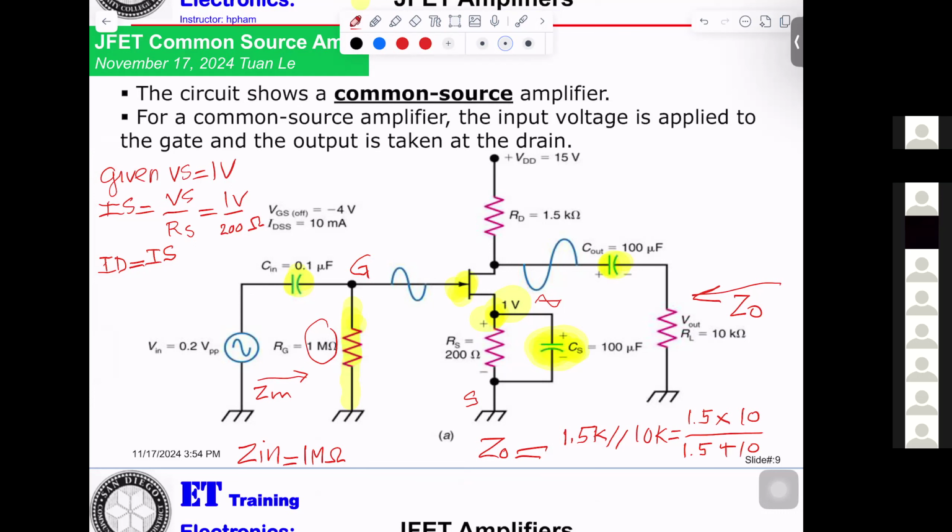Now, the next question. How come we need a bypass capacitor? How come we need that guy?